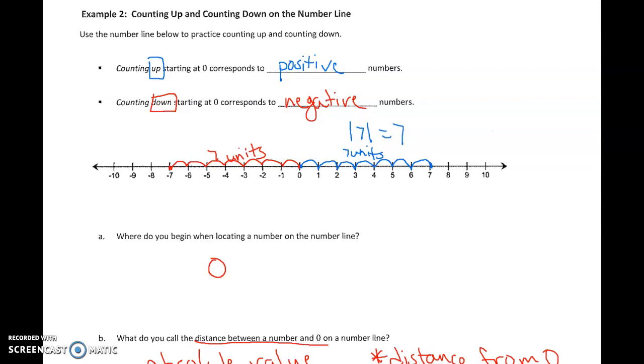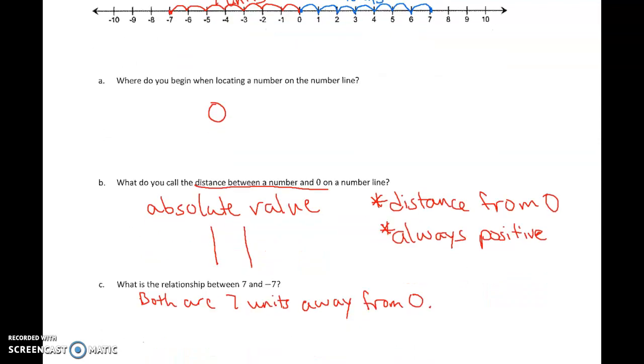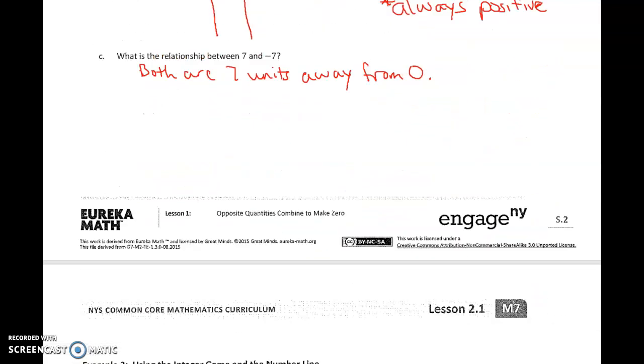Absolute value is the distance from 0. So this basically means how far away from 0 is 7? 7 units. But notice if I want to focus on the negative 7 here, what is the absolute value of negative 7? Well, how far away from 0 is negative 7? We already counted it. It's 7 units. Again, absolute value, distance from 0, and always positive. So another relationship idea here is they have the same absolute value.